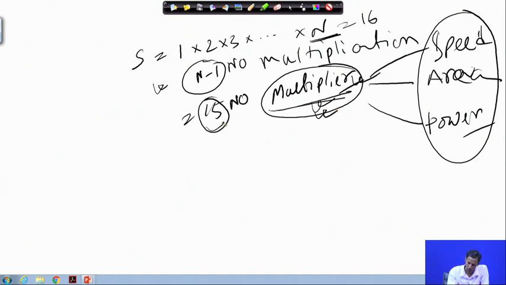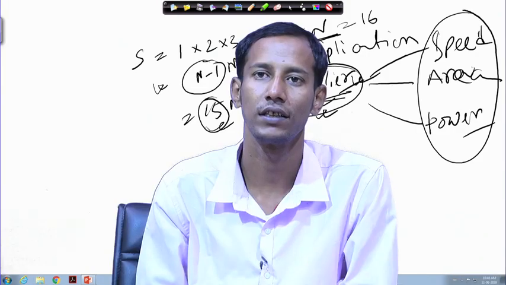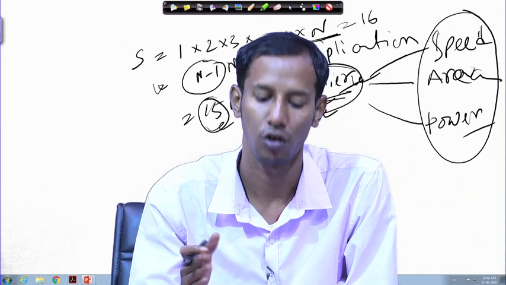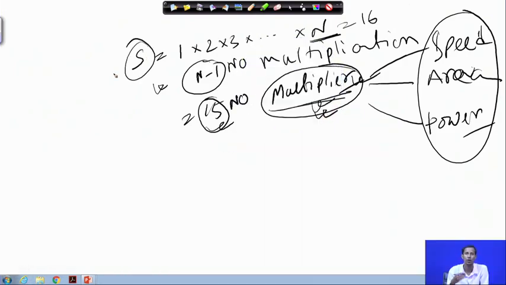The more multipliers we use, the more area and power we consume. So we have to reduce the number of multipliers in a particular system or function implementation, so that I can get the benefit of area as well as power.